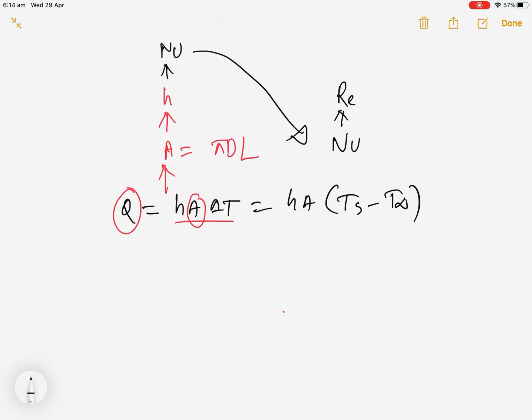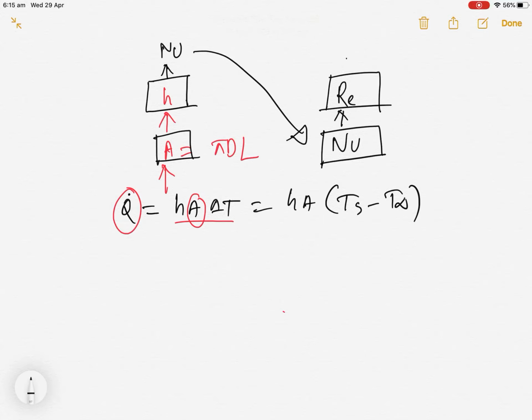So that's the flow chart we need to follow. At first we calculate the Reynolds number, then the Nusselt number. Once we have the Nusselt number, we will have Hs, then we calculate the area, and finally we get the rate of heat loss.